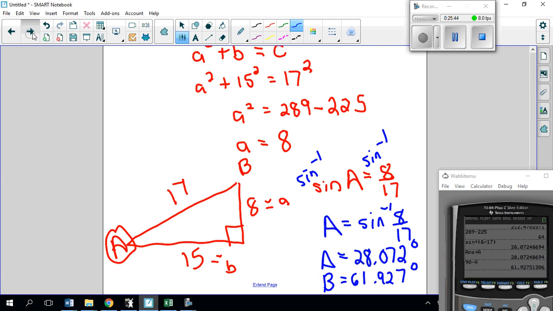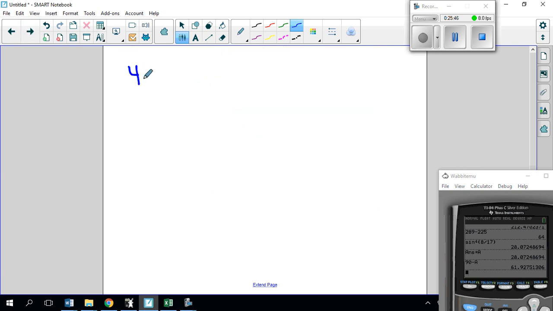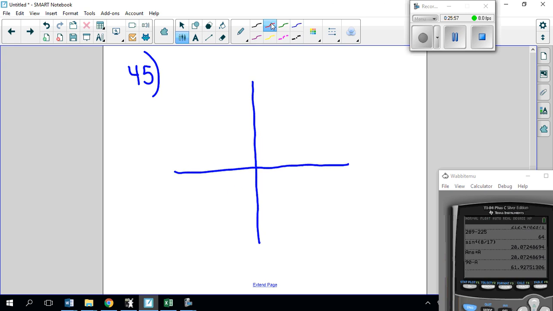So here's problem 45. Keep in mind, I see the problems and I feel like I want to work this one, so it has nothing to do with me being a good teacher. I just see two ships and I want to work the ship problem. It says a ship leaves port and sails on a bearing of 28 degrees 10 minutes. Here we go.